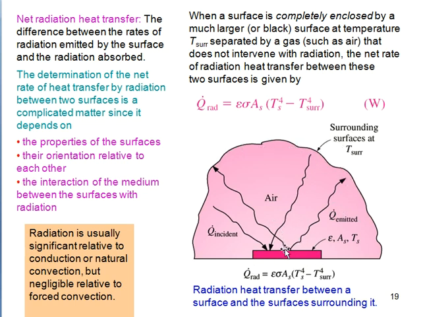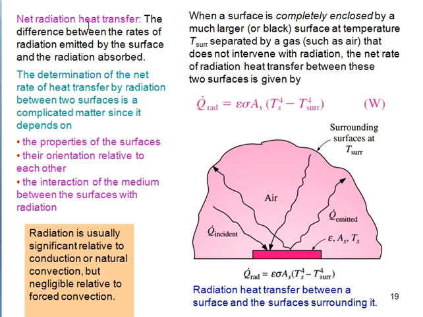The heat exchange between them takes place by radiation, and Q radiation can be written as epsilon sigma times Ts to the fourth minus T surrounding to the fourth. We consider the surrounding temperature as well, so we can determine the heat exchange by radiation between the surrounding and the body.